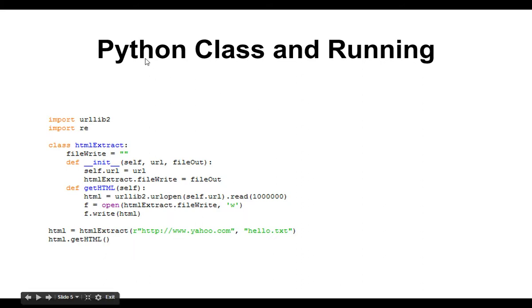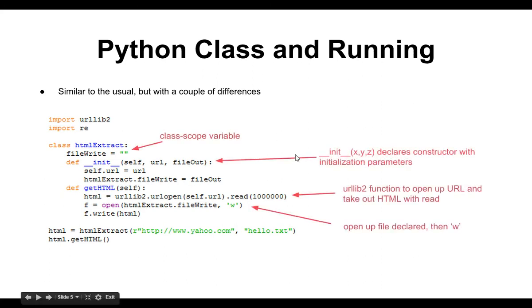So then Python classes and running. Classes in Python are similar to the usual kind of classes, but there are a couple of differences. There are three main scopes of variables in Python. One is a class scope variable, which is declared within the class scope, but outside of functions.